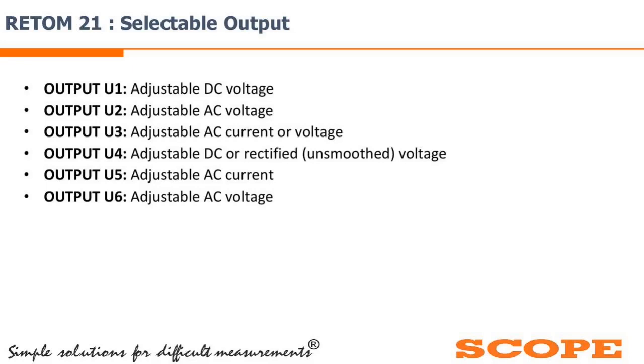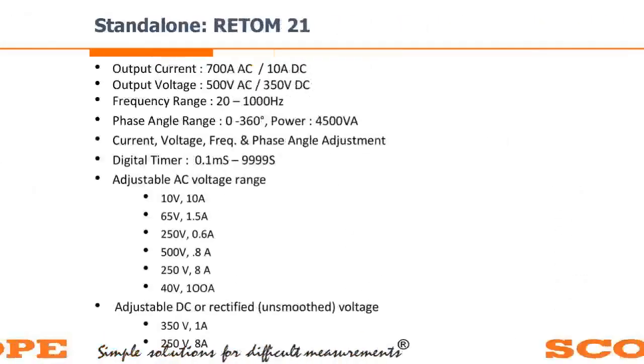So all 6 selectable output ports are given for adjusting DC voltage, DC current, AC current, AC voltage. With various selectable outputs, we can conduct various tests on different equipment.